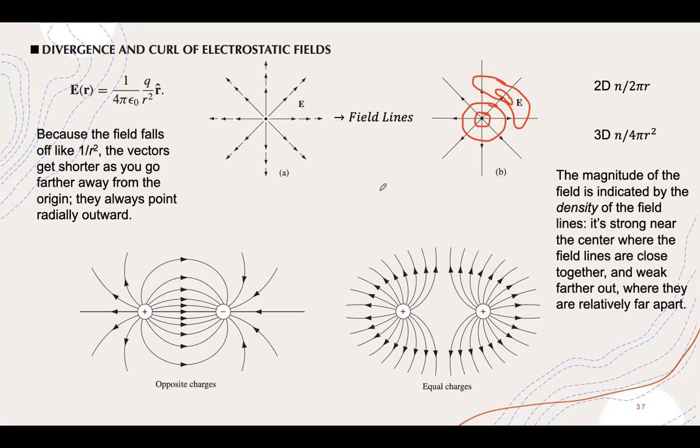just for completeness, if you have opposite charges, then the field lines go from positive to negative like this, and it should have a complete circle.